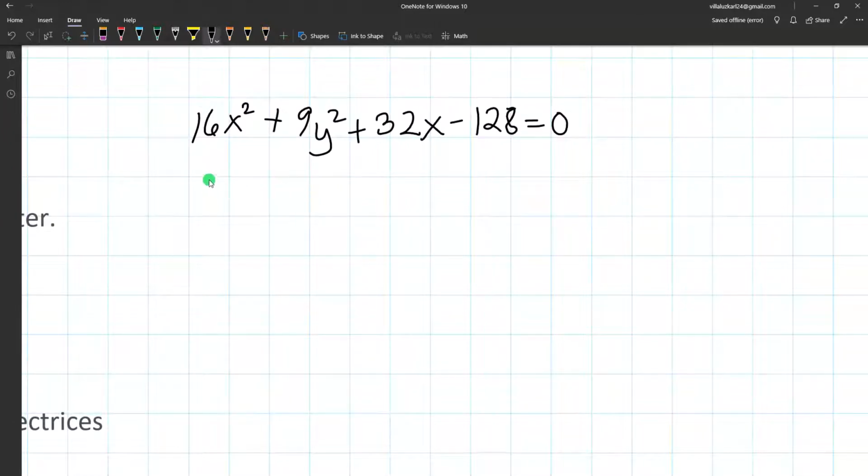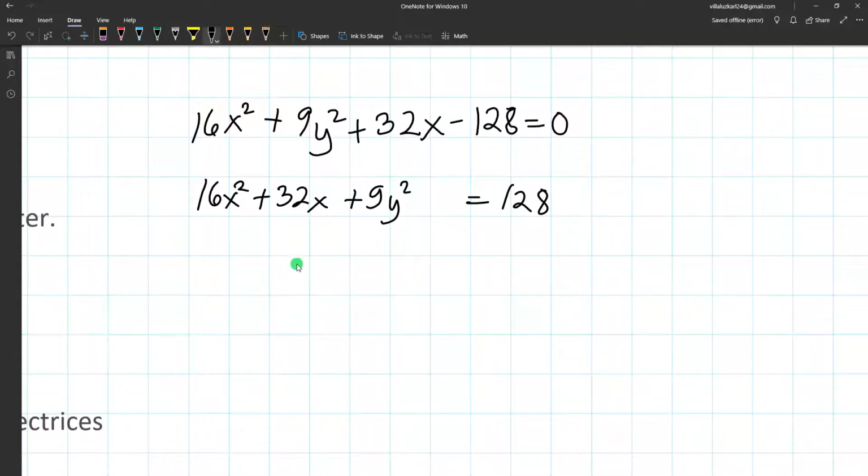Now 16x squared, let's move plus 32x beside 16x squared, and 9y squared, we don't have a term with y variable, so this equals 128. We transpose negative 128 to the right hand side of the equation.